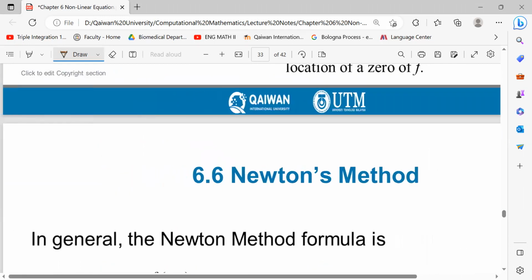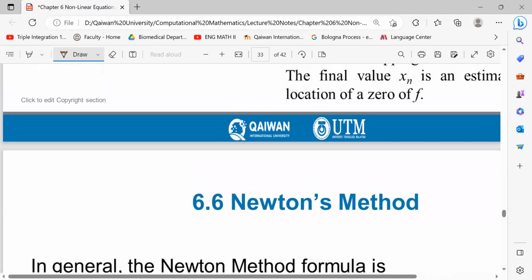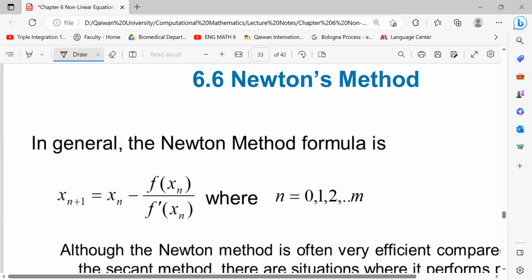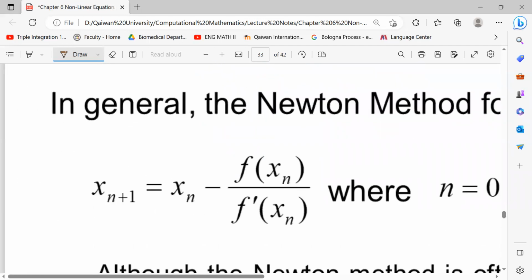How? Do you remember derivatives of functions? Because here we need the derivative of the function. This is the rule. If you have x naught, to get x1, we say it is x naught minus f of x naught divided by f prime of x naught. And f prime is the derivative of the function. In the derivative, we put the point, and we get a value.